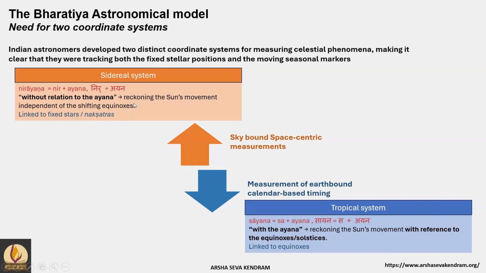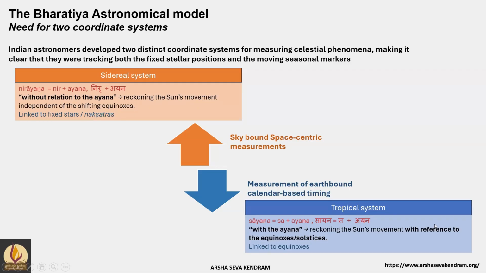Before we say why we needed this, the other system is called the tropical system. Tropical means it's more earth-way, local. It's called Sayana, so Sa plus Ayana, Sayana. It says with the Ayana. Here the reference point is the equinox. So you see, in the Nirayana the reference point is the fixed star, which is static.